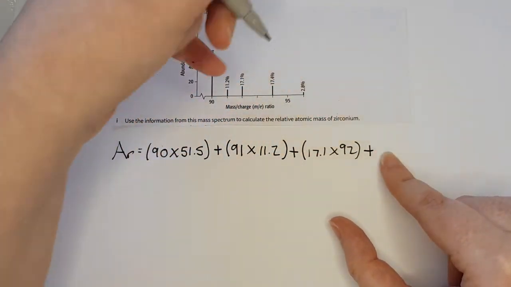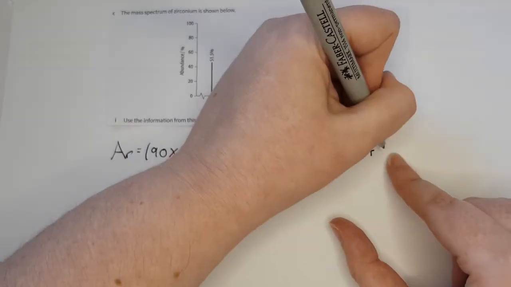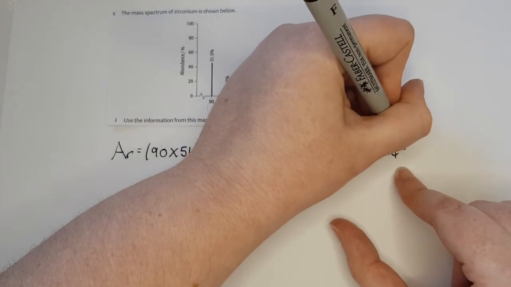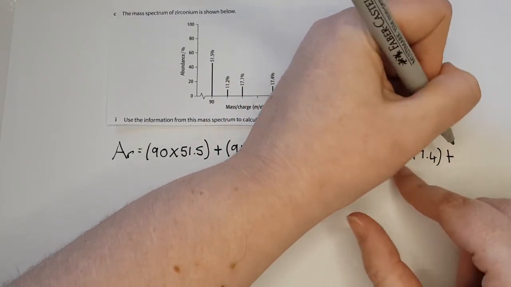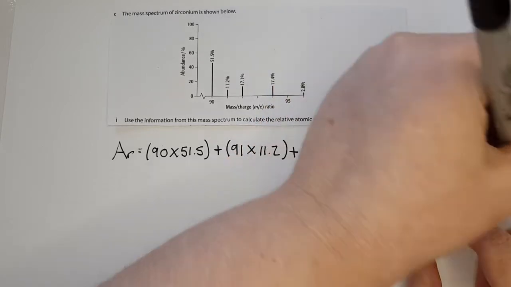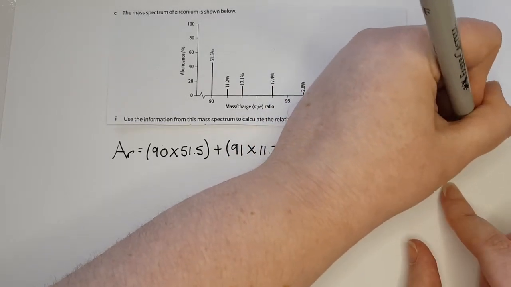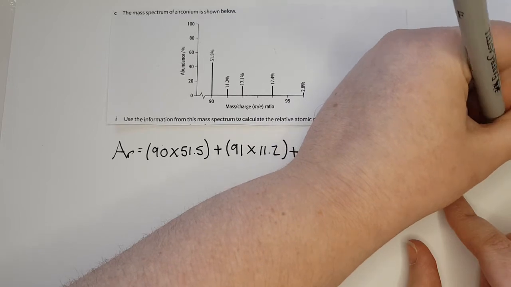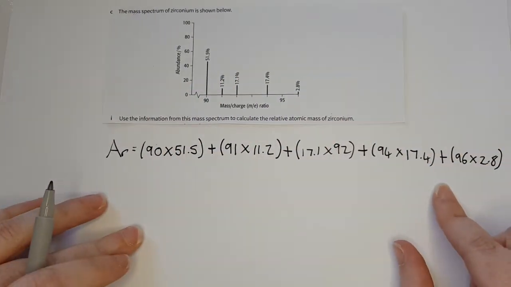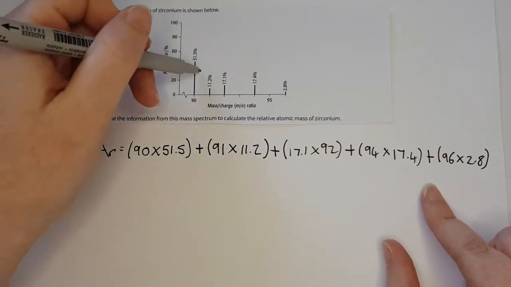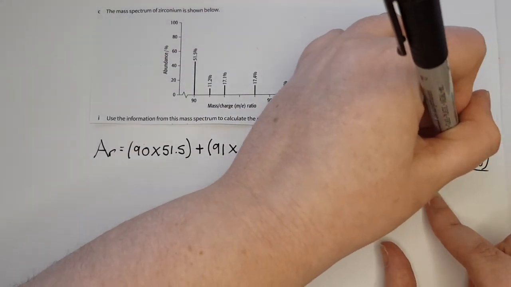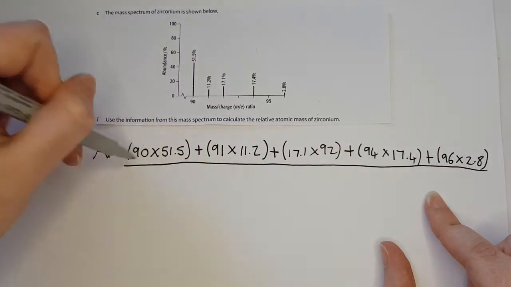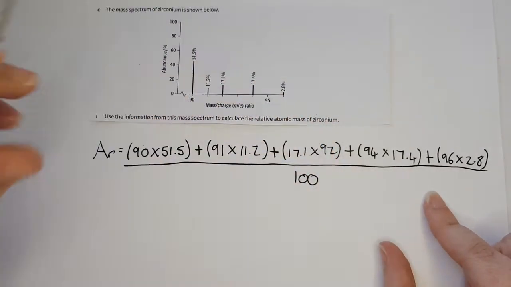plus our next one, which is 94 times 17.4, plus the last one, which is then 96 times 2.8. Okay, so those are all of our masses times each percentage, and we take that whole thing and divide it by 100.